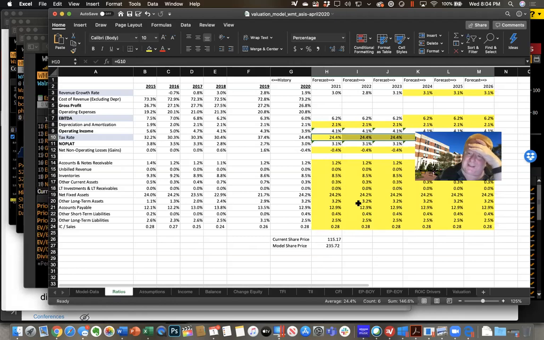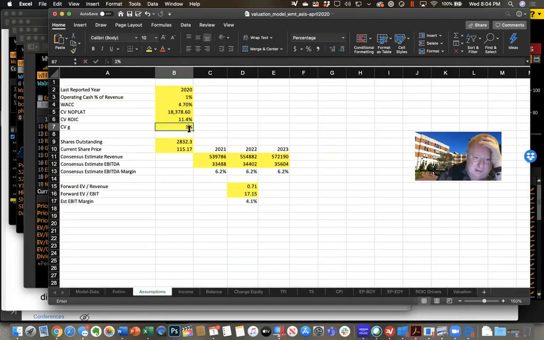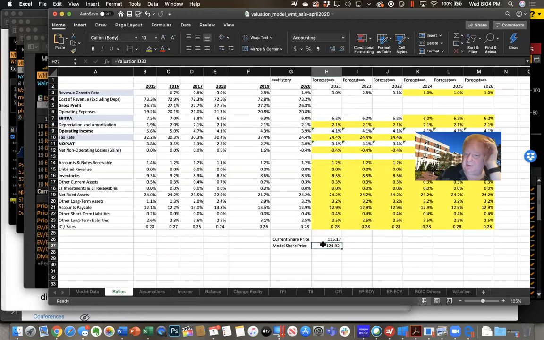So what this suggests is the growth rate's probably smaller. By the way, if we did 1% growth, Walmart is a $550 billion company, and we changed our CVG to 1% long term, notice the share price gets really close. So if they're growing 2 to 3% and then they're closer to 1% long term, and by the way, we know we need to change sales because everything else seems pretty reasonable, and that's the last thing left to change.